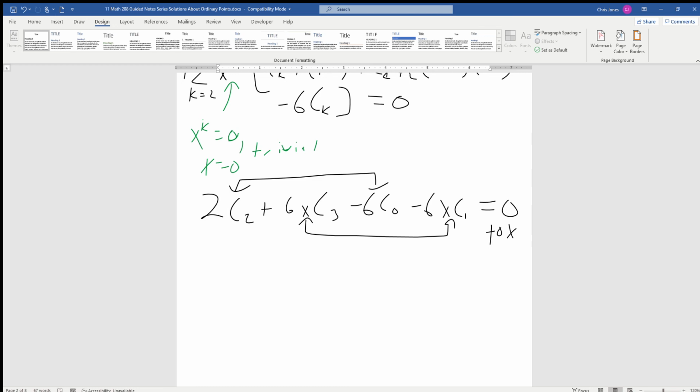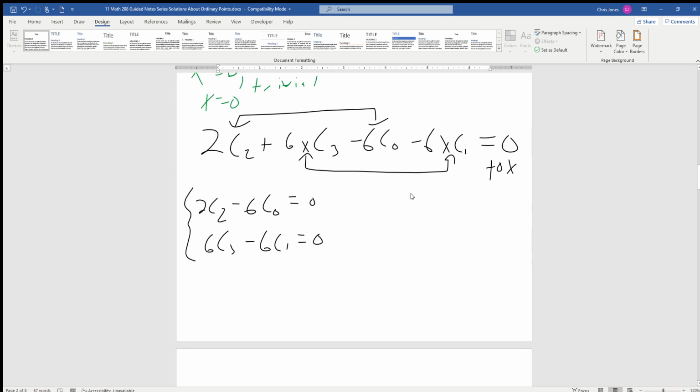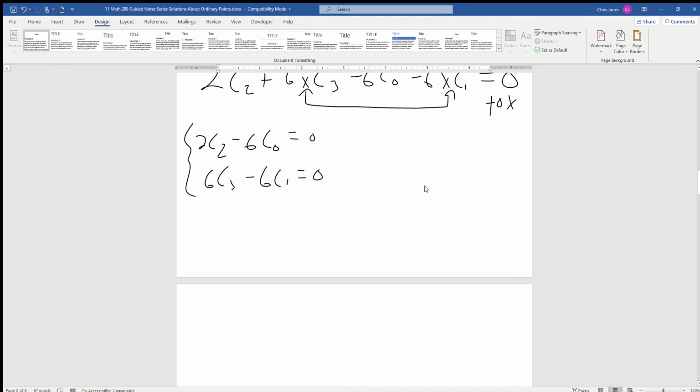So that's going to give us a system. 2c2 minus 6c0 equals 0, and then 6c3 minus 6c1 equals 0. Unlike the last examples, we're not going to get c1 and c0 equals 0 or c2 equals 0 or anything like that. We're actually going to get c0, c1, c2, and c3 in terms of one another.